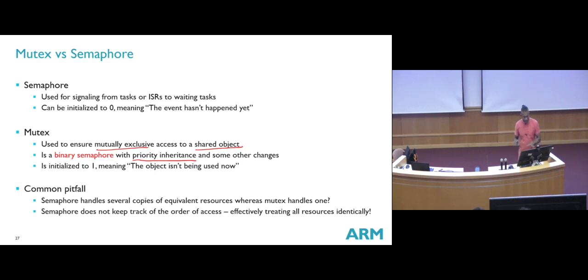One of the things that you can use a semaphore for is also synchronizing. That means I can allow one task to signal another task through a semaphore, as one way of saying that a particular event has happened. For example, task 1 is running.